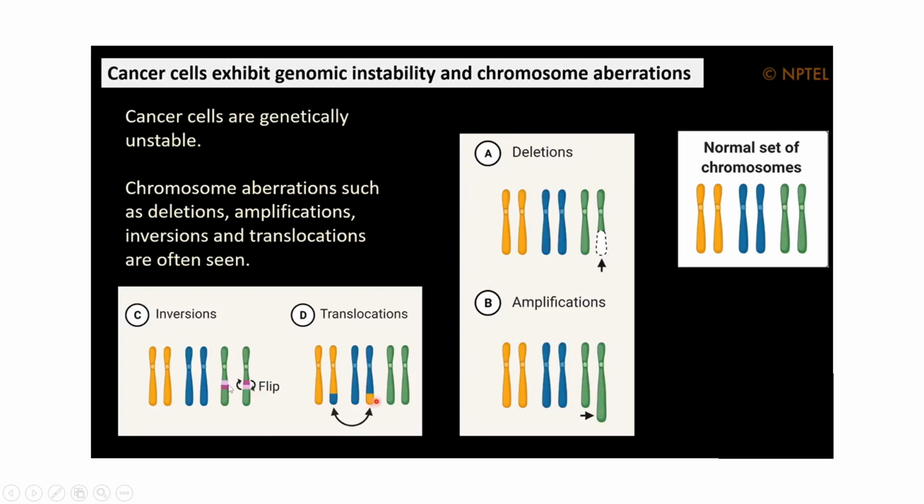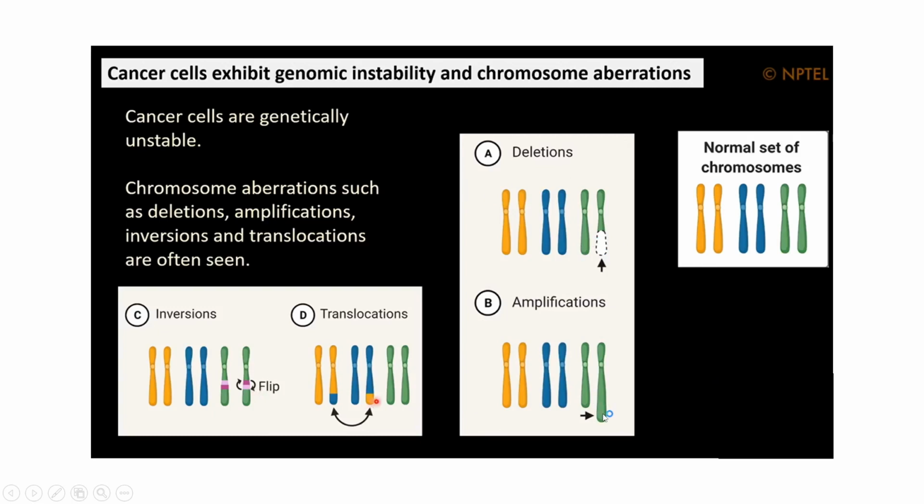Then deletion: if there is a tumor suppressor gene, for example the p53 gene, and that gene is deleted, then there is no regulatory protein present to control apoptosis. So this is one of the mechanisms by which cancer cells are able to proliferate.